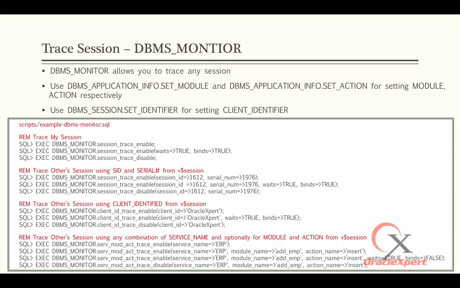Now this makes life a lot easier for later problem diagnostics, for performance diagnostics, and it makes the view V$SESSION, or for that matter V$SESSION_LONGOPS, a lot more readable. Otherwise I have seen developers just connect to the Oracle database and go directly to the business. They don't like to set the module name, the action name, or for that matter the client identifier.